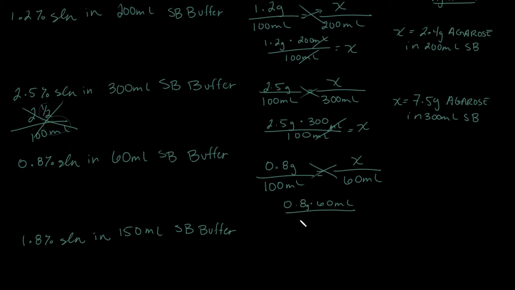Don't forget your units, because in this case we go immediately to the real world, and so we must be careful. 0.48 grams agarose in 60 milliliters SB.